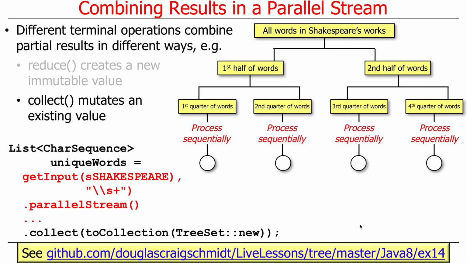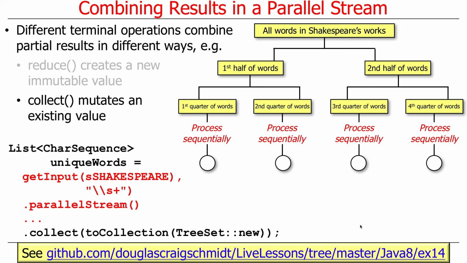So here we're going to have a little program, shown here, which is going to go out and read all the works of Shakespeare, and it's going to break up the works of Shakespeare into their distinct words. So we're going to have all the words, not distinct words yet.